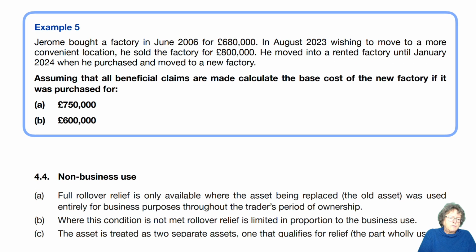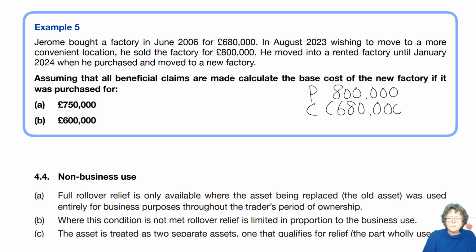So Jerome bought a factory in June 2006 for 680,000. In August 23, wishing to move to a more convenient location, he sold it for 800,000. So proceeds less cost equals gain every single time.